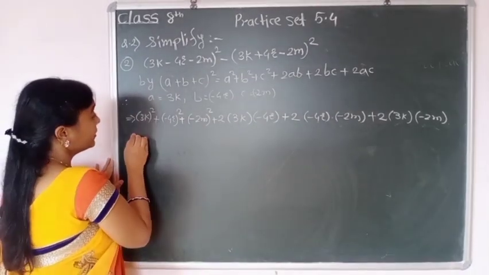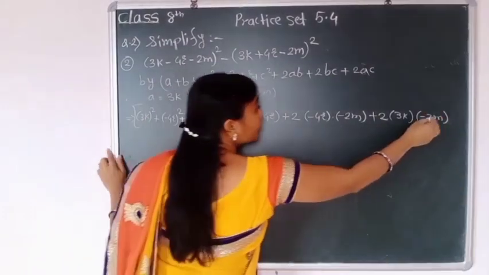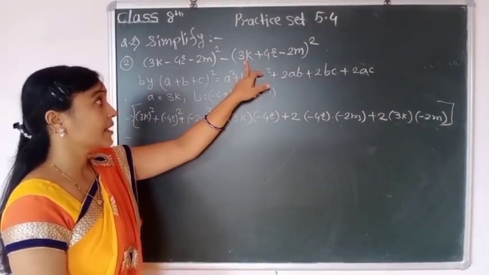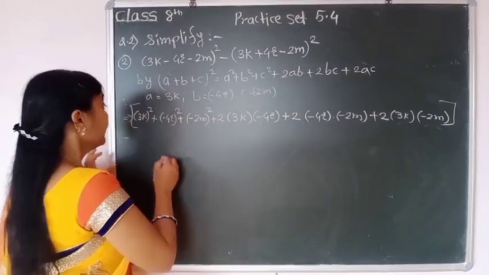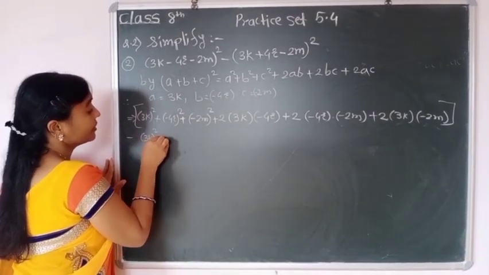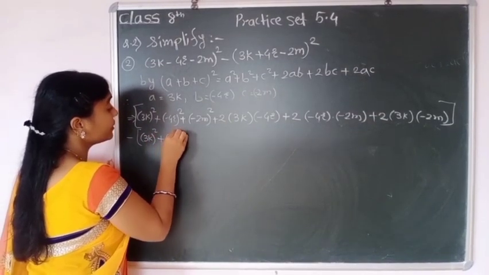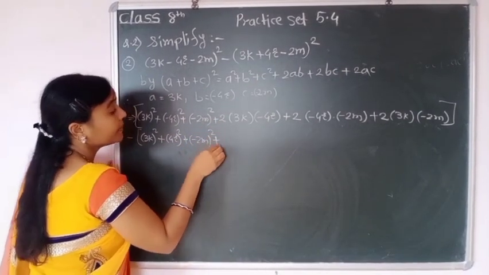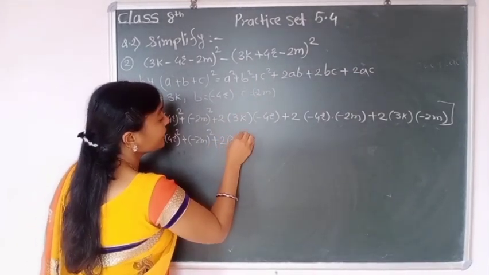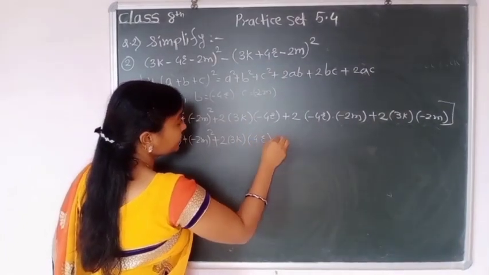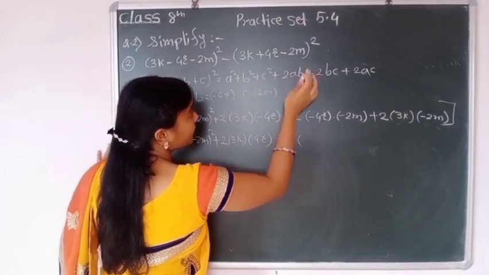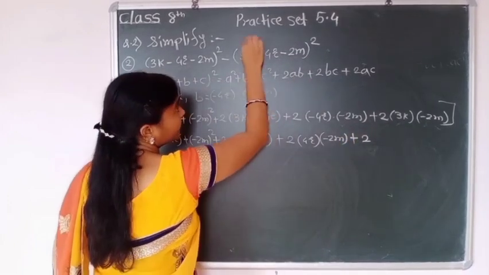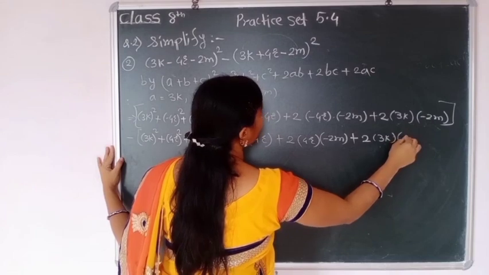and then minus another square bracket. We use here square bracket minus, you use this square of this bracket: thrice k plus 4r minus 2m. a square means (thrice k) square plus 4r square plus c square means (minus twice m) bracket square plus twice ab, thrice k into 4r, plus twice bc means 4r into minus twice m, plus twice ac means 3k into minus 2m.